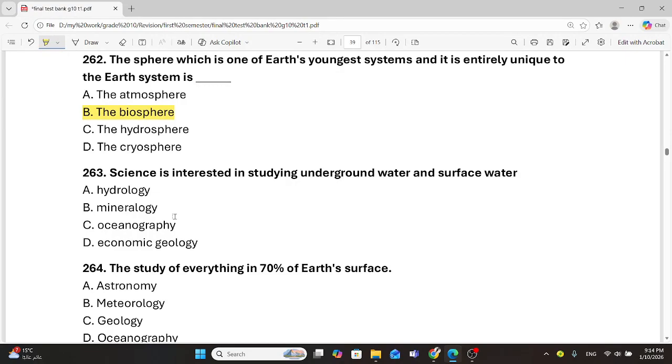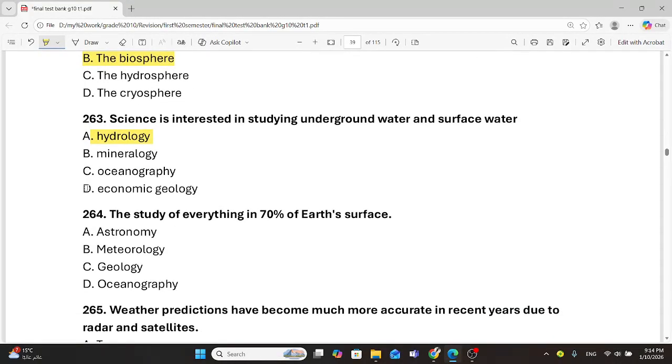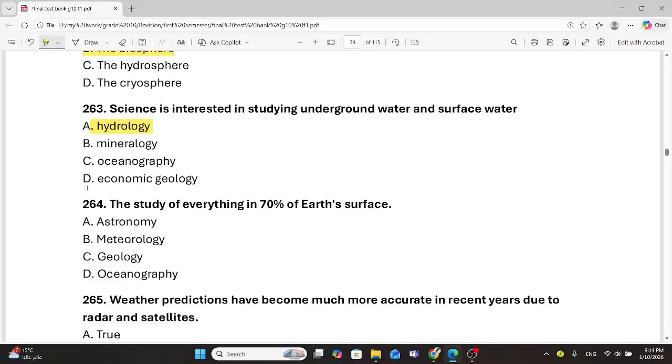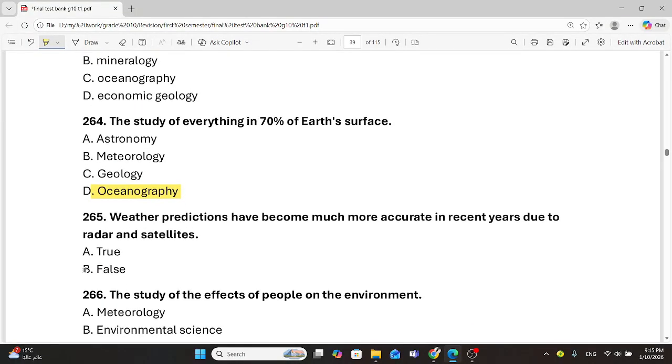The science interested in studying underground water and surface water is hydrology, mineralogy, oceanography, or economic geology? Of course, hydrology. The study of everything in the ocean, covering 70% of the surface: oceanography. Weather prediction has become much more accurate in recent years due to radar and satellites.